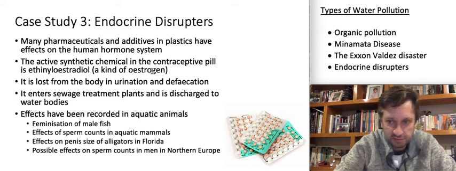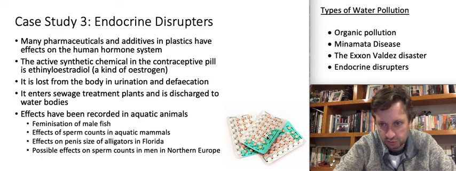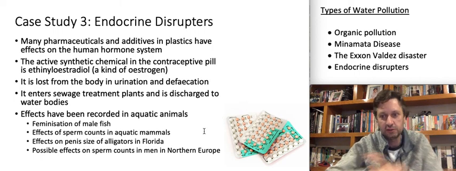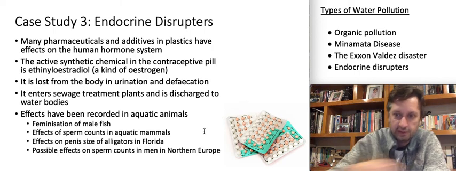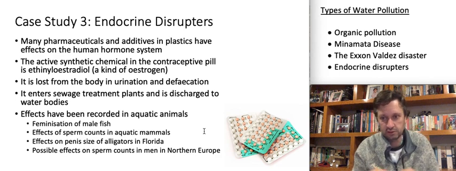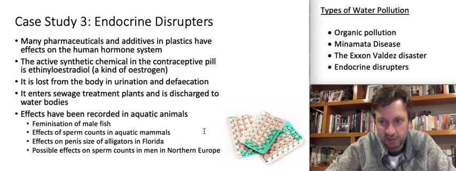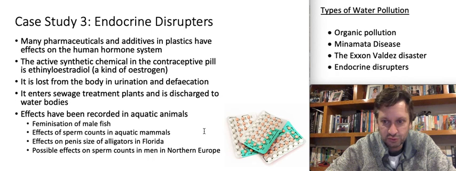Okay, so in terms of effects of these things, which are called endocrine disruptors, including ethinyl estradiol, the observed effects are feminization of male fish. That doesn't mean that male fish turn female, although that does happen in some fish species.